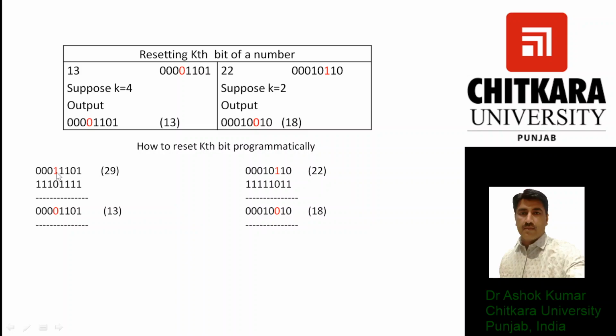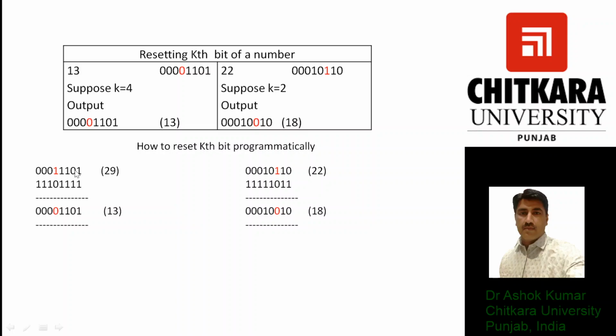If you want to reset this bit, you want to make this bit 0, for that you have to AND this number with a number that has all ones except a 0 at the kth bit position. So this number we want, because we want to reset the fourth bit. So the fourth bit of the number should be 0, and the rest of the bits should be 1.